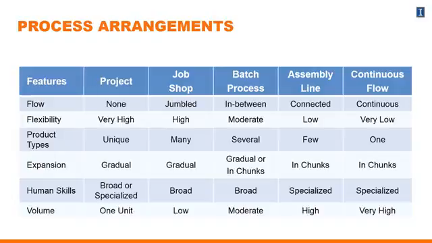On an assembly line, the way it's going to be designed is it's not going to be designed to be very flexible. So I'm jumping from the project all the way to the other end of the spectrum, the assembly line, to make the contrast between these two. In an assembly line, you are going to set it up for making, for example, a certain type of car. And in order to make a changeover from that one type of car to another, it's going to be difficult.